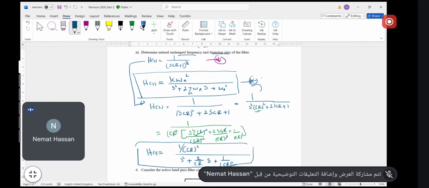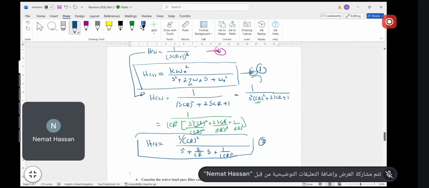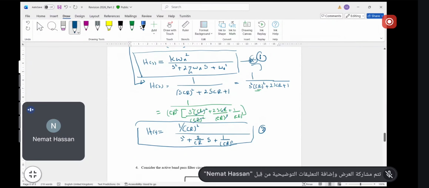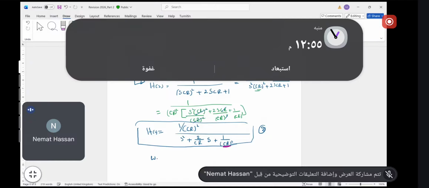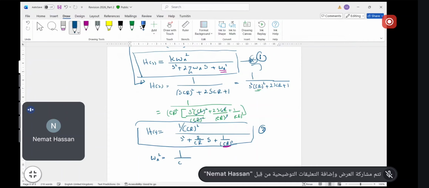This now, we can call this 1, we can call this 2, we can compare 1 and 2 now to get zeta and omega n, right? Correct? After that I can compare the last form with the standard format. So what will be omega n? Comparing the constant term, the characteristic equation, we can say that omega n squared is 1 over CR squared. Therefore omega n is equal to 1 over CR. Okay?